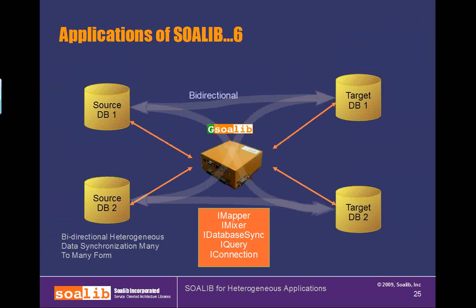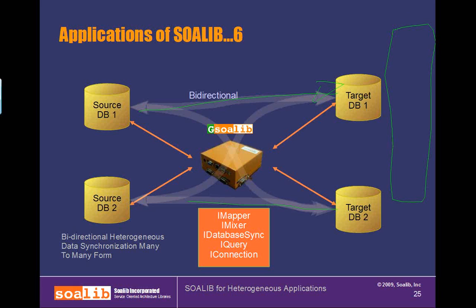This communication data will be totally isolated from these data. Application example 6 is the bidirectional heterogeneous synchronization example, and so you can do bidirectional heterogeneous synchronization, and there is a large list of 24 databases, which covers all of the popular databases like Oracle, MySQL, SQL Server, Sybase, DB2, all of them.